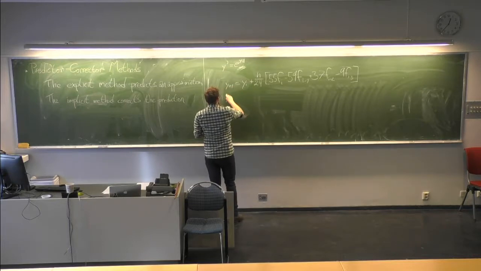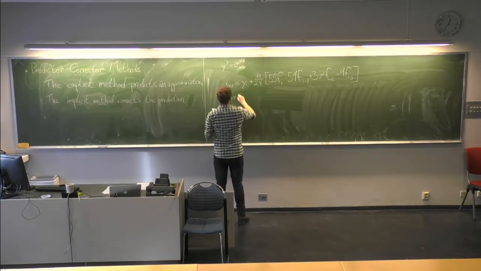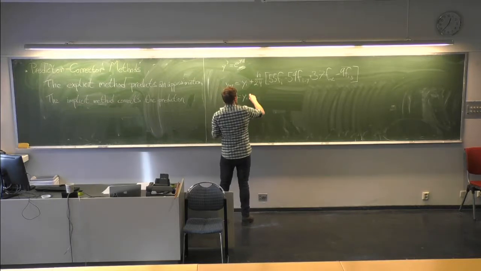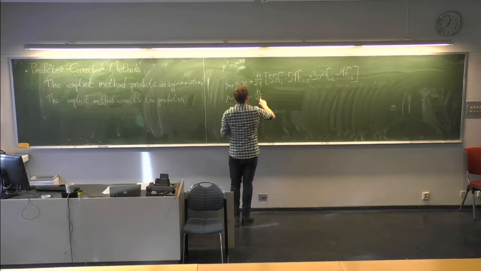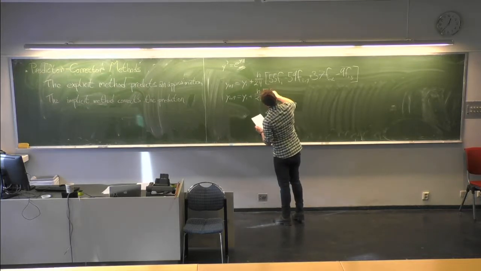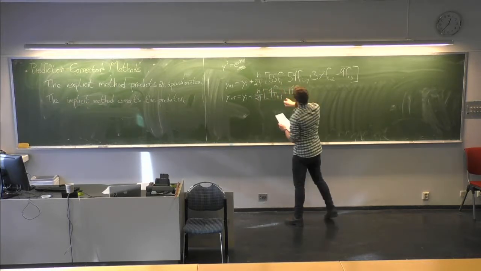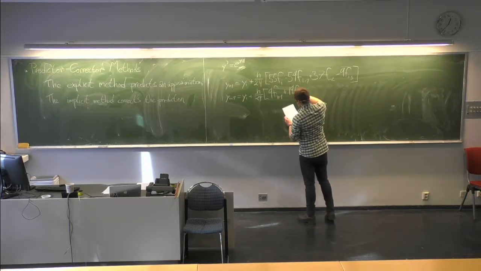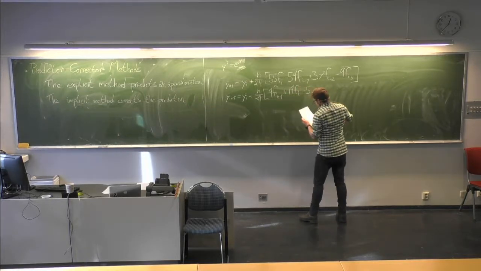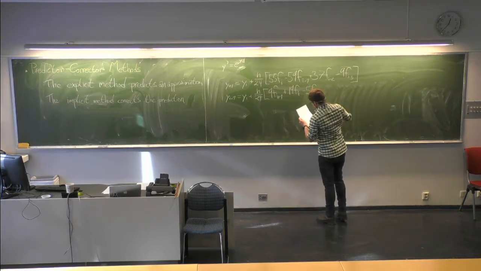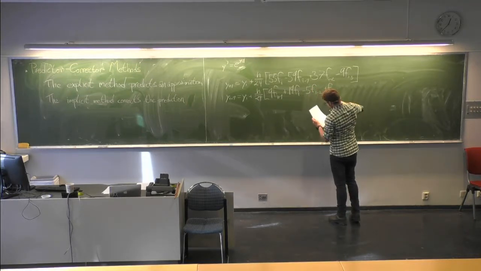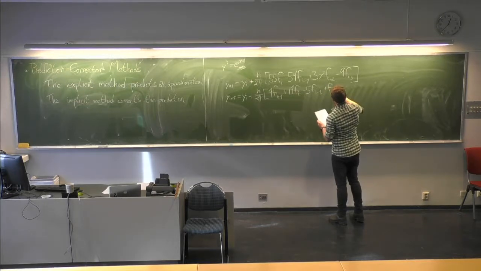And an implicit method like this, and here you use forward differentiators to figure out all of these constants. 5f_{i+1}... minus f_{i-1}, f_{i-2}.